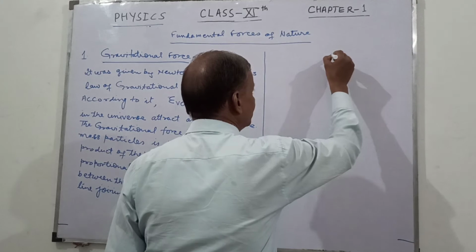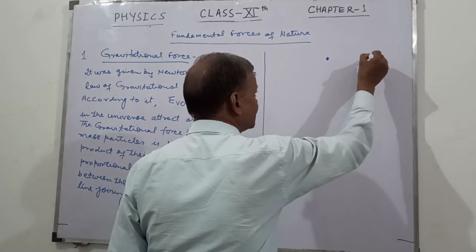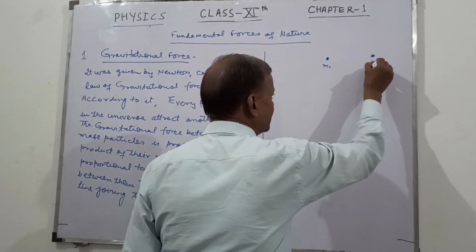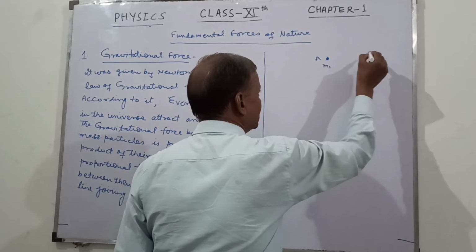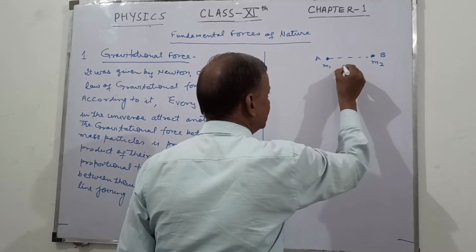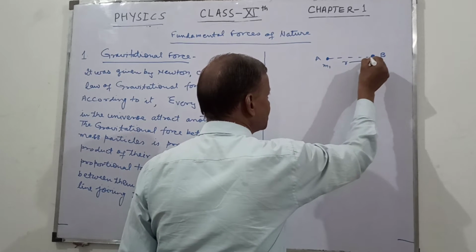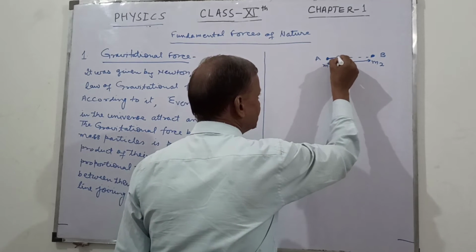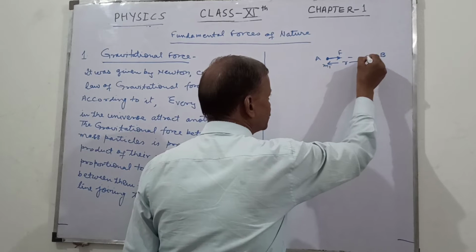Let us have these two mass particles. This is the mass m1, this is mass m2, this is particle A and this is particle B, and the distance between them is r. So they attract. This is the force of attraction.